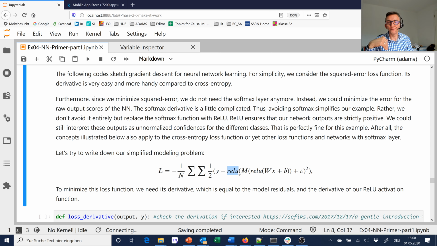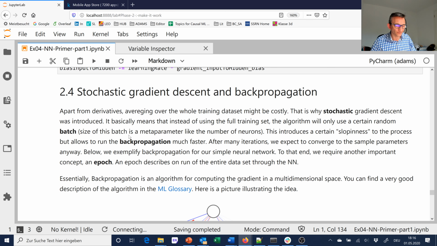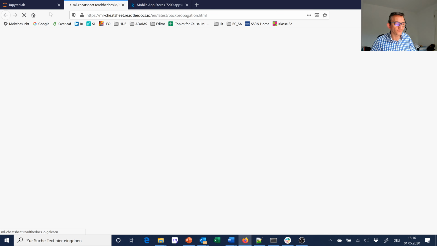what's also a very nice source, I think. Let me quickly scroll down for the hyperlink. The machine learning glossary has this entry on backpropagation, which I personally like quite a lot.